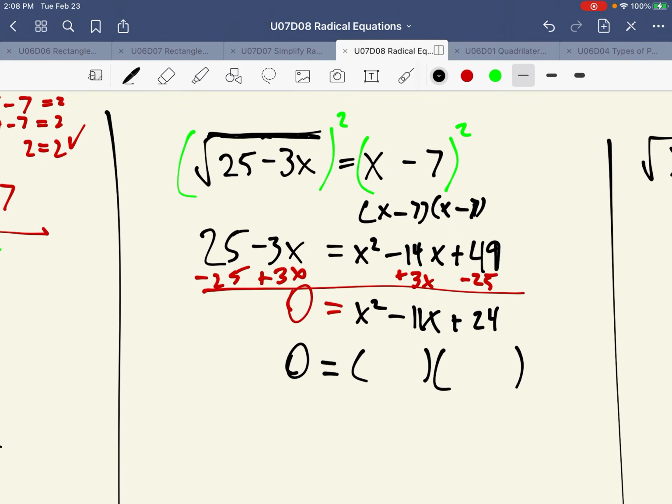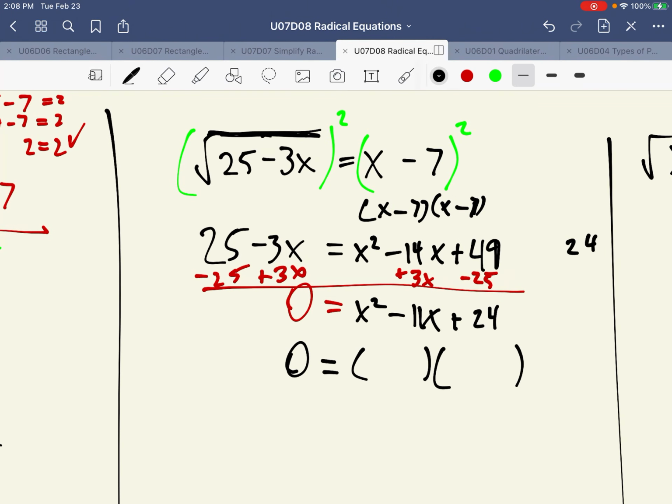So we're looking for two numbers that multiply to be 24 but add up to be negative 11. So that means two negative numbers. So negative 3 and negative 8 should work. I'm sorry. The factors are x minus 3 and x minus 8, which means x is equal to 3 or x is equal to 8.